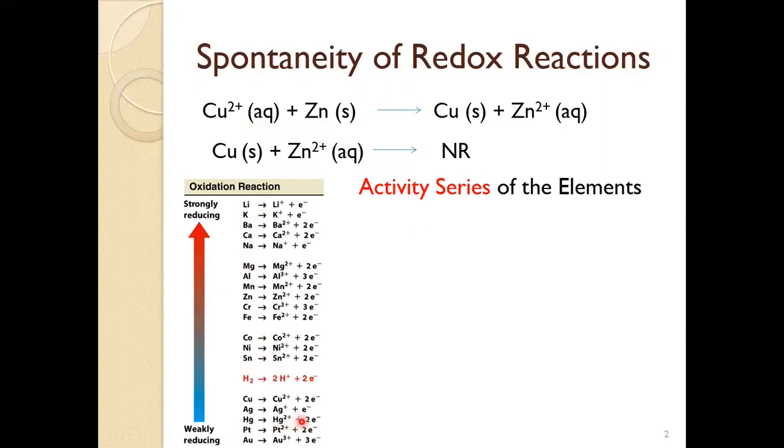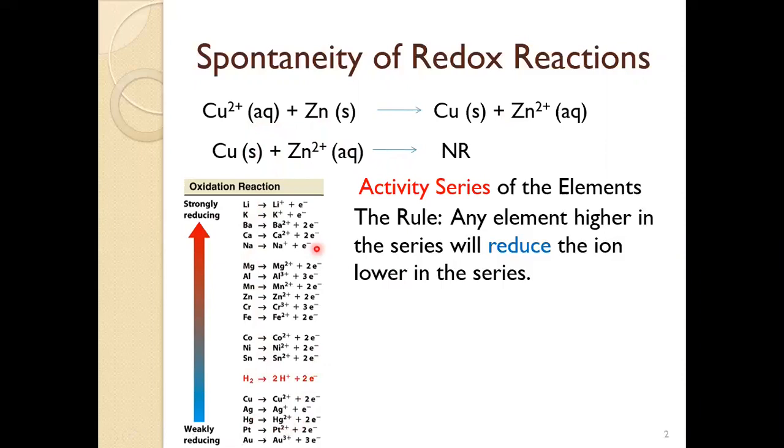And the idea behind this activity series is that any element higher in this series will spontaneously reduce an ion lower in the series. So in the context that we looked at here, copper and zinc, notice that zinc is located here in the activity series. Copper is located here. So as we'd expect, and as we could demonstrate, zinc, because it's listed higher in the series, will be able to spontaneously reduce copper 2 plus ions because it's lower in the series.